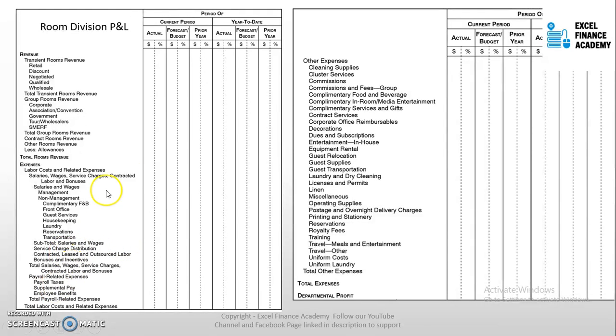The individual meaning of these terms we discuss in our individual courses for each division. We have a course for rooms division, a course for F&B division, and other courses as well. Other expenses for the rooms division are further divided into various categories, as you can see here: commissions, complimentary, contract services, laundry, guest supplies, operating supplies, printing and stationery, traveling, uniform, and so on.